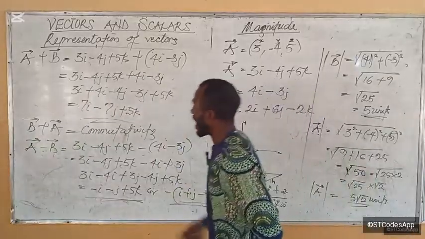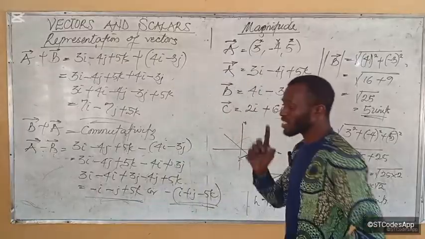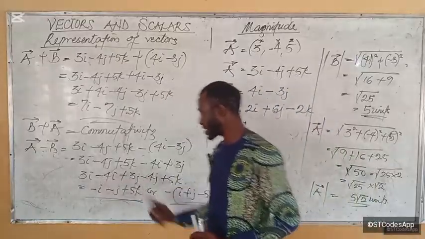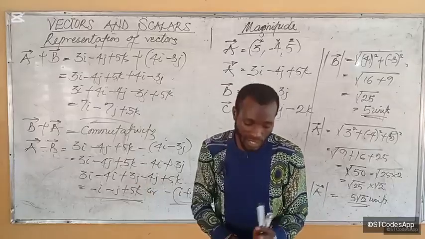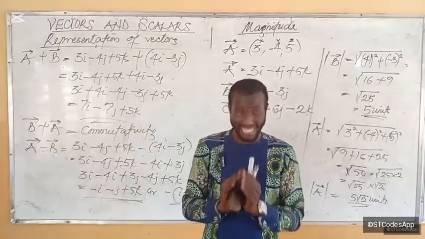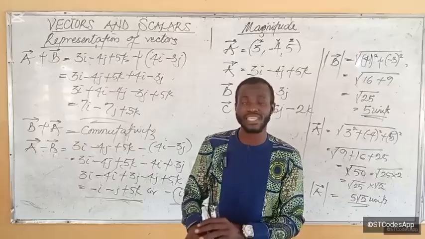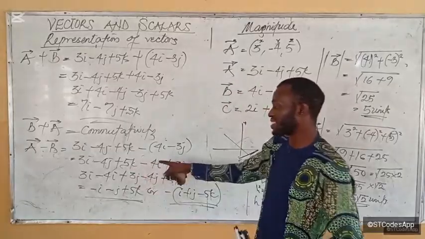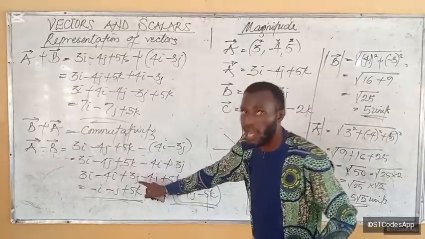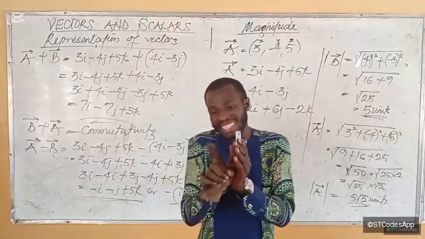Now you also notice that you can rewrite this as minus of i plus j minus 5k. How did I do that? I simply factored out the negative so that my vector will begin with a positive value. If you open the bracket there, you'll get the same answer. Do you understand now?